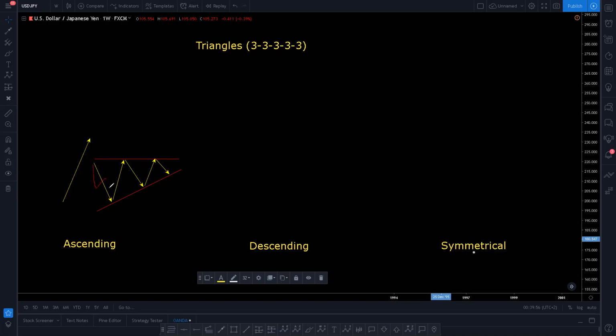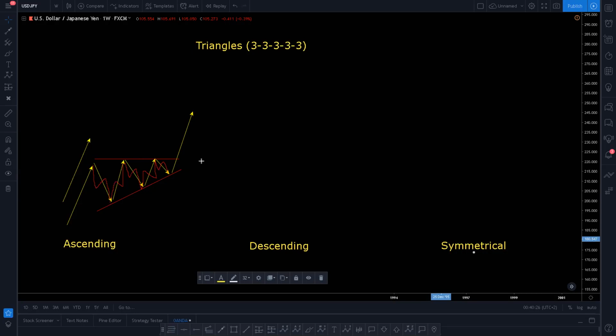You have A, B, C, A, B, C, A, B, C, A, B, C, and then the last leg is also A, B, C. And then when these lower degree moves are complete, that is where you will have your trend continuation. Like that.